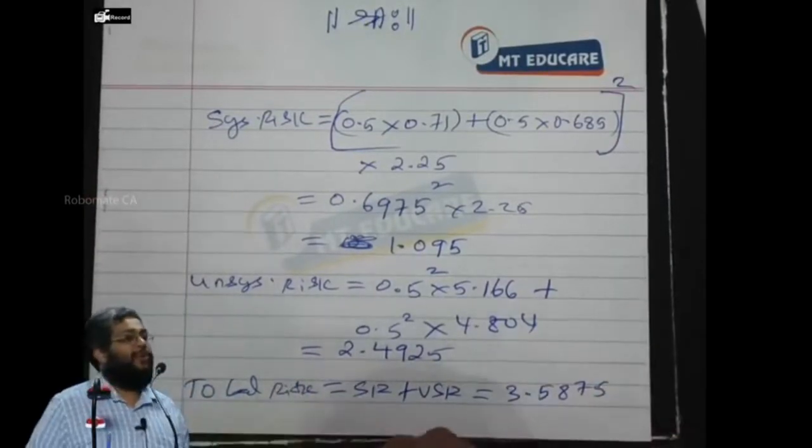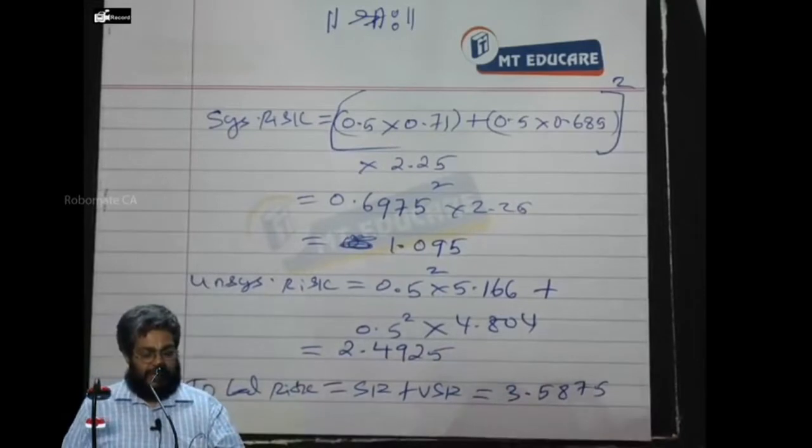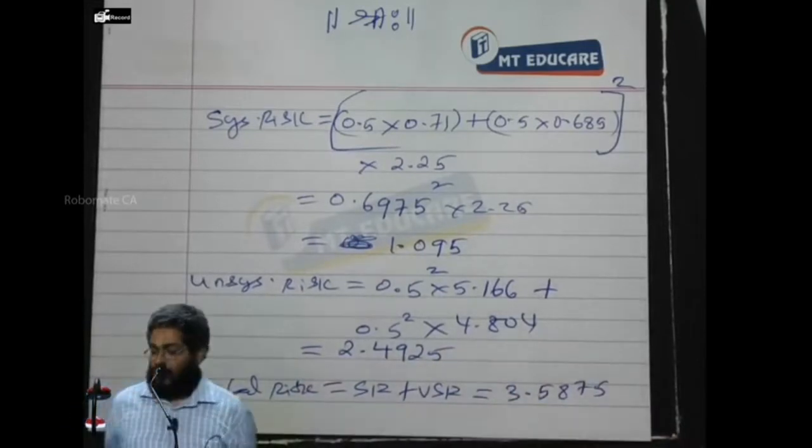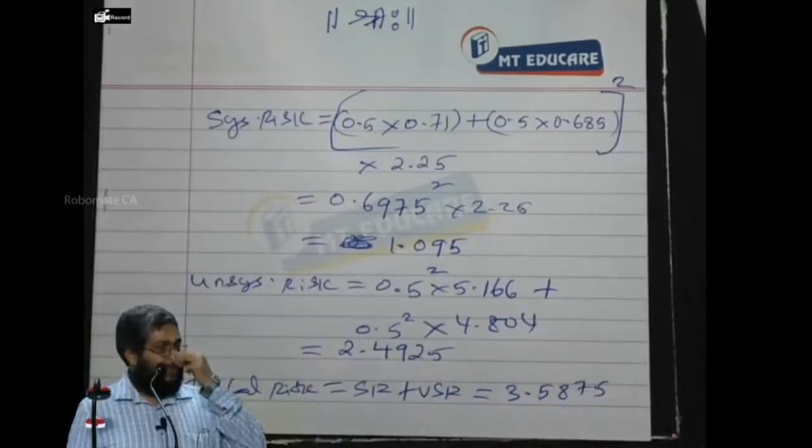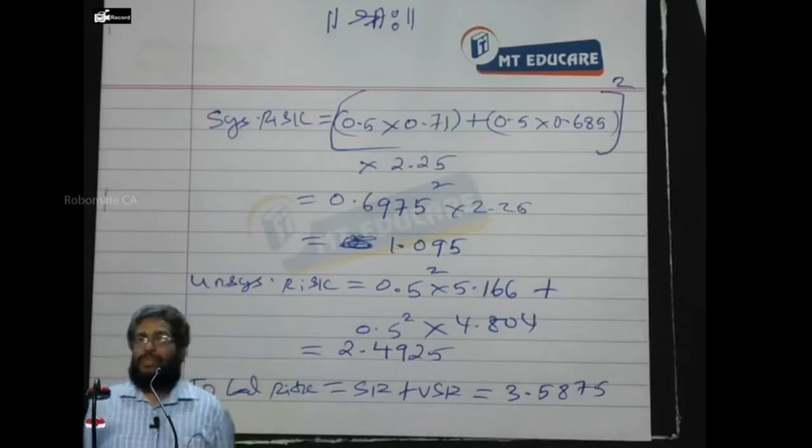Write down. The portfolio variance is 3.5875.